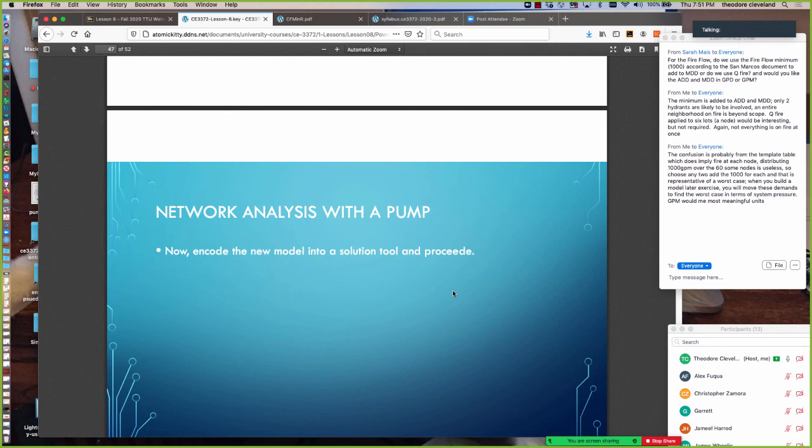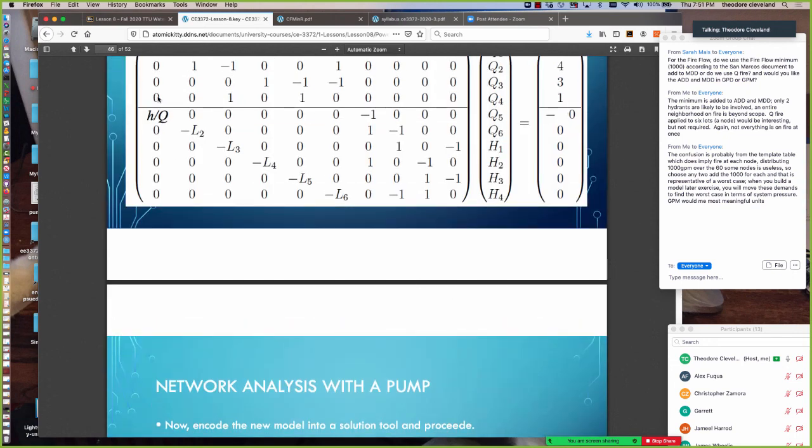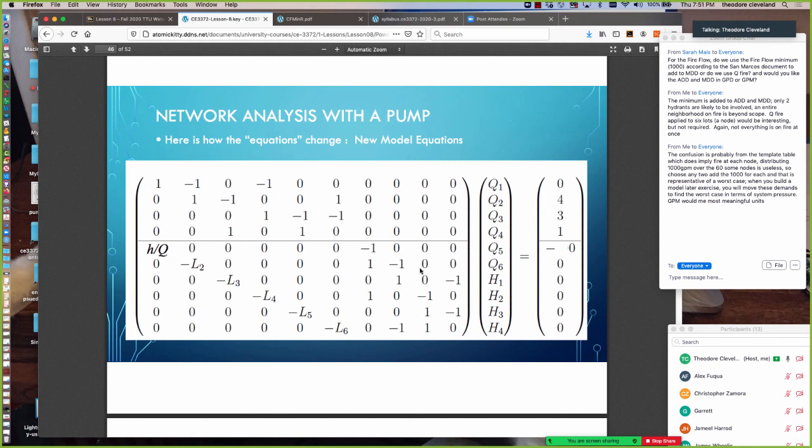So what we'll do at the next meeting is go ahead and examine these changes already made in an R script, run a few examples, and then we will move into the EPANet model.